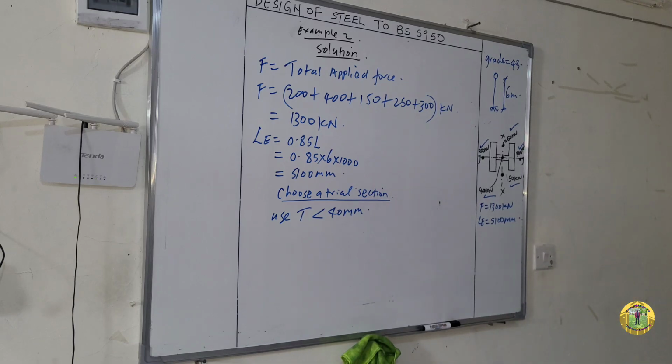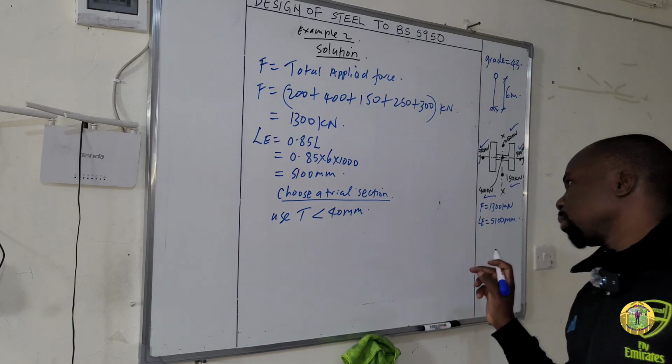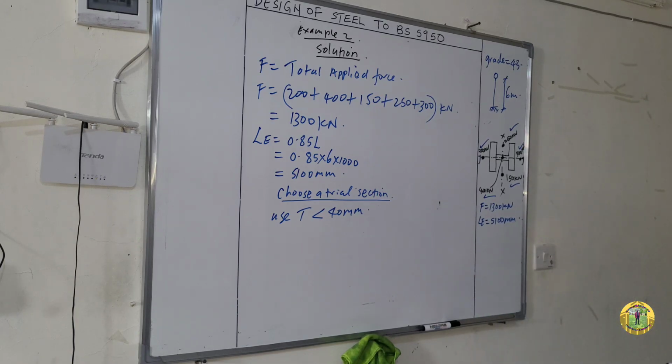But if it fails, you will again go back and select another section and try if it will pass or fail. So it's a trial process with different sections until it passes the parameters given in BS5950.